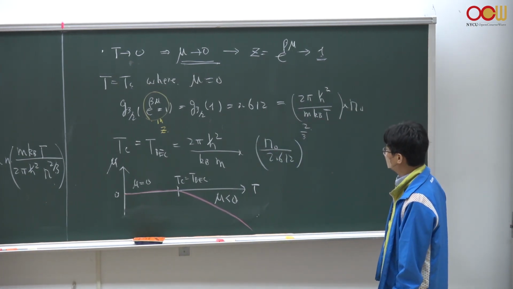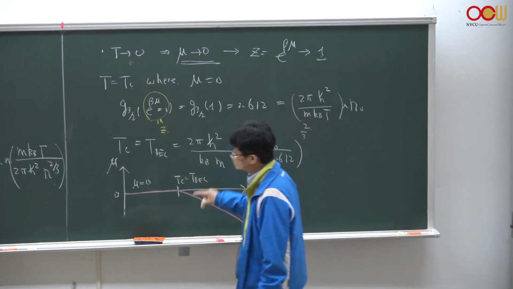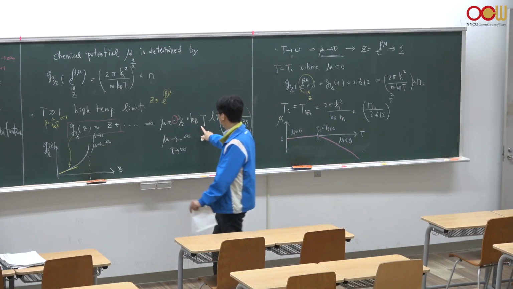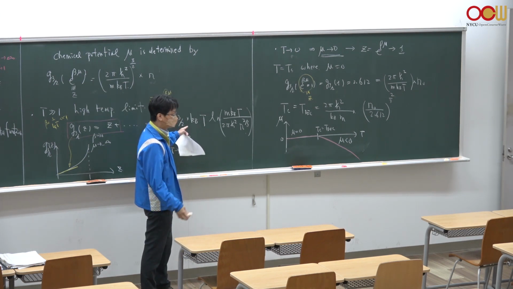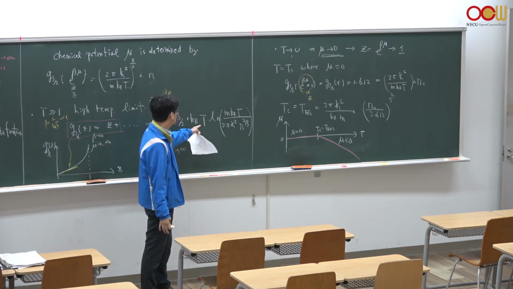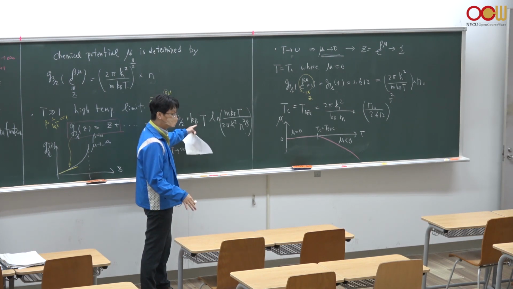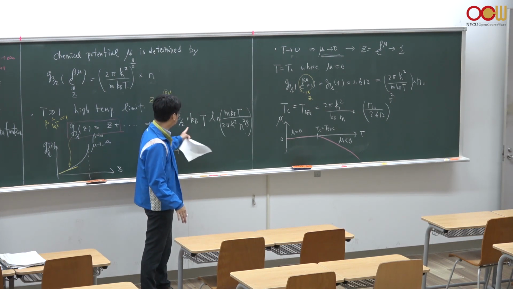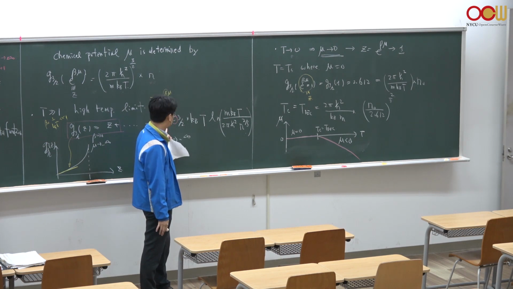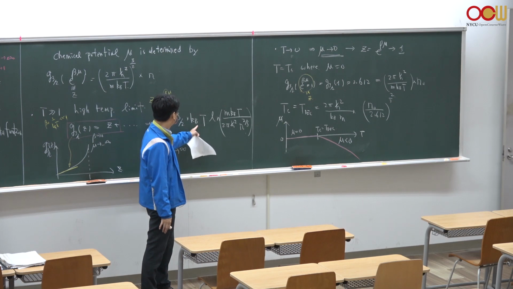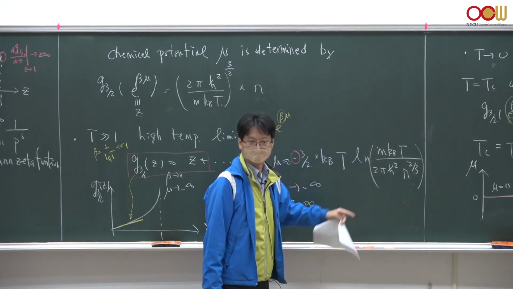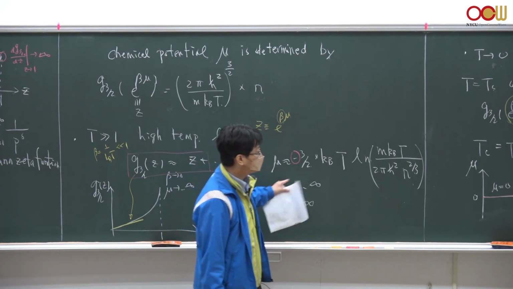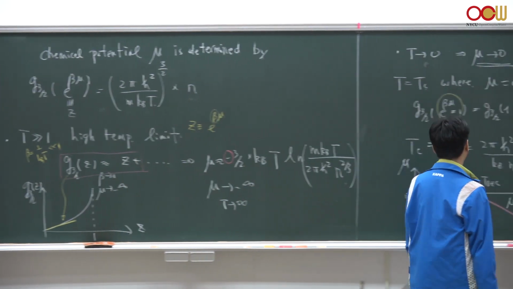2.612. And you can very clearly see that as you lower the temperature, the chemical potential comes from a very negative value, then starts to decrease in magnitude, and as T goes to 0, you immediately see that mu will approach 0, because this depends on T times log T, and that's precisely what we expect.